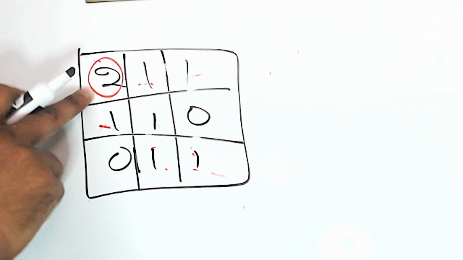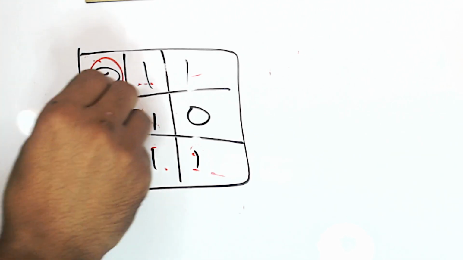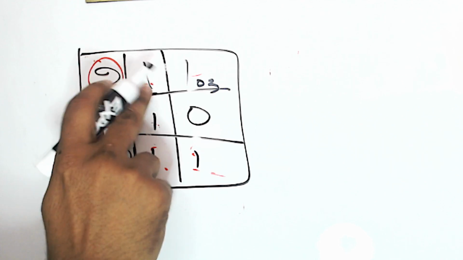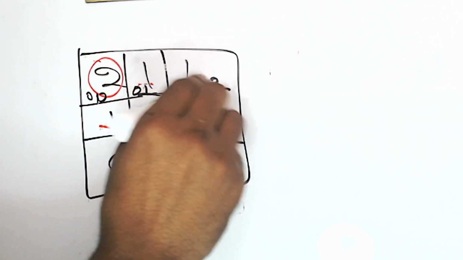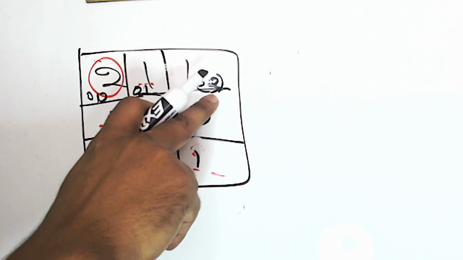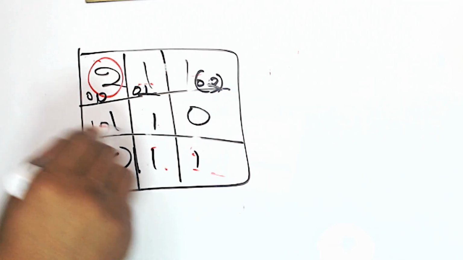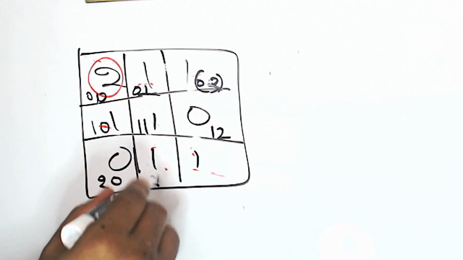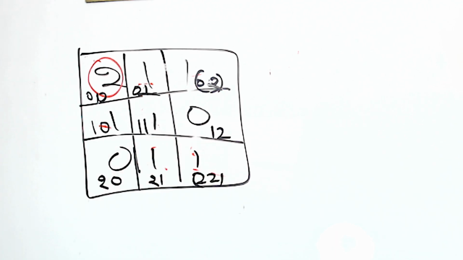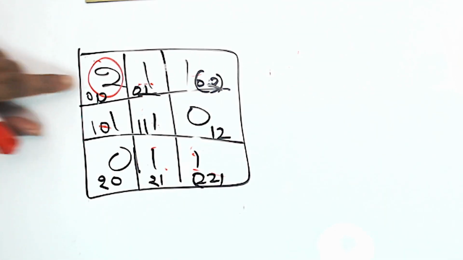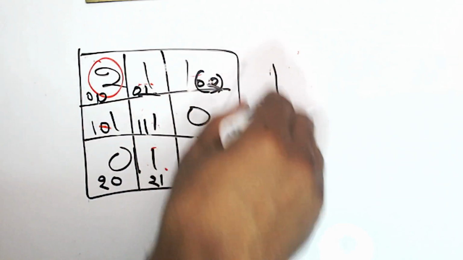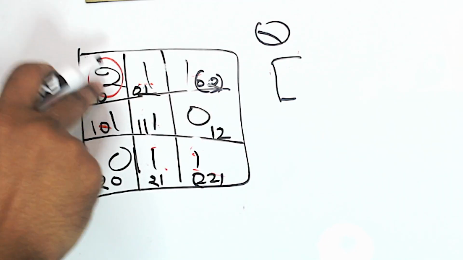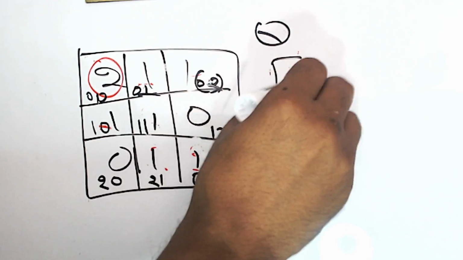I'm just writing the i and j indices here: 0 0, 0 1, 0 2, 1 0, 1 1, 1 2, 2 0, 2 1, 2 2. First I iterate through the grid, and I create a queue and put in the index where I find a rotten orange, that is 0 0.